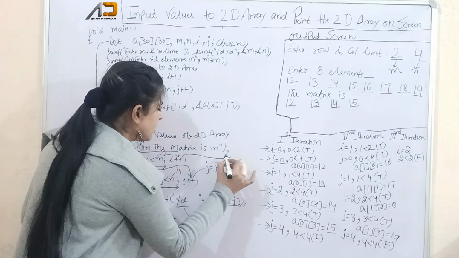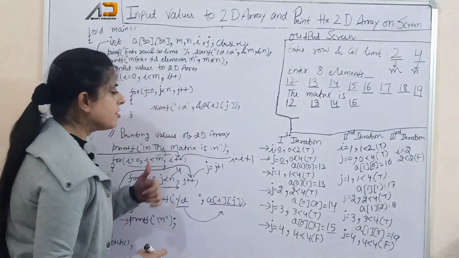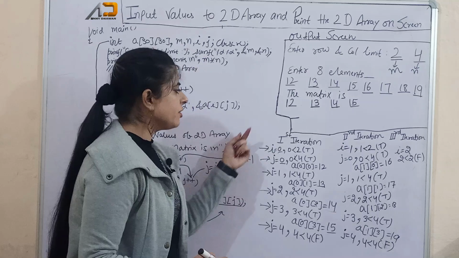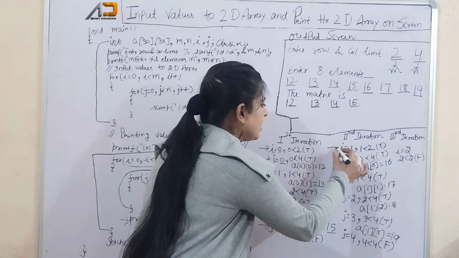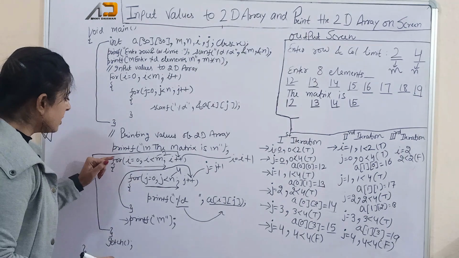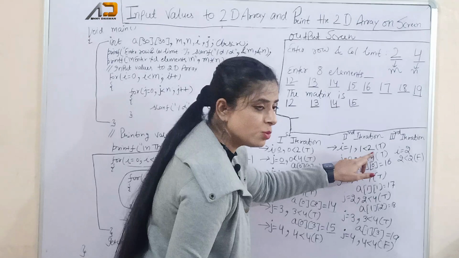That is i plus plus. It means i will be incremented by 1. What is the previous value of i? It is 0, and what will be the new value of i? That is 1.